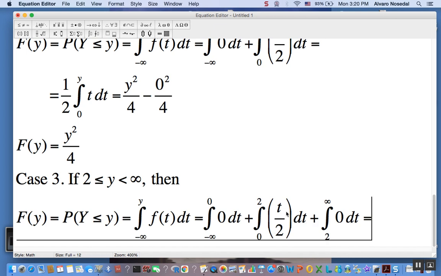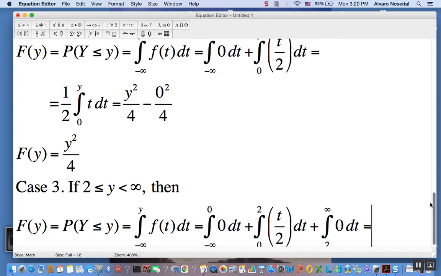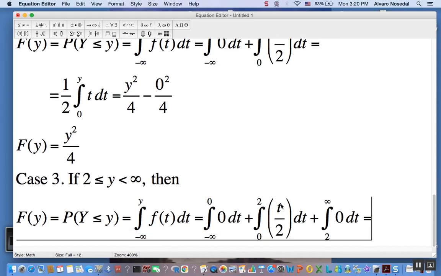But note something: when y is exactly equal to 2, you have this integral. If you do the one in the middle, you end up with t squared divided by 4, evaluated at 2 minus the evaluation at 0. So that's going to be just y squared divided by 4, but when this is 2, that's 2 squared, 4, divided by 4.